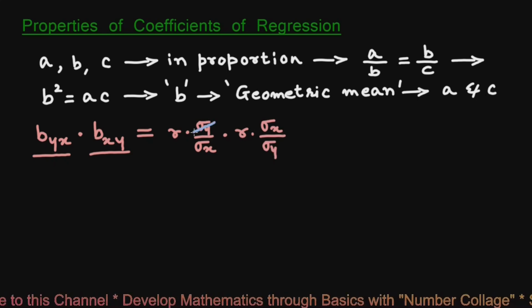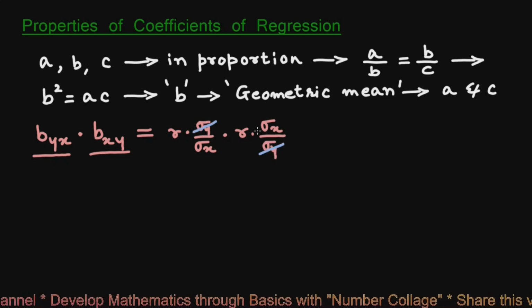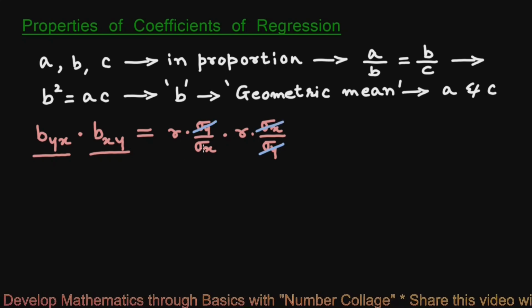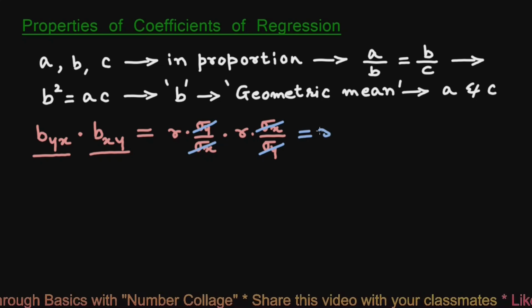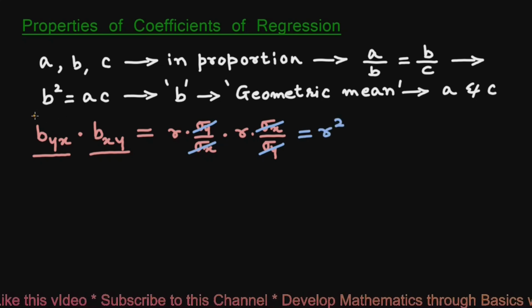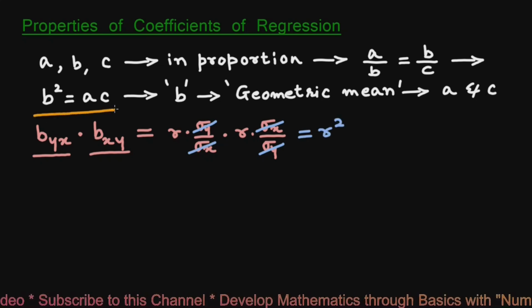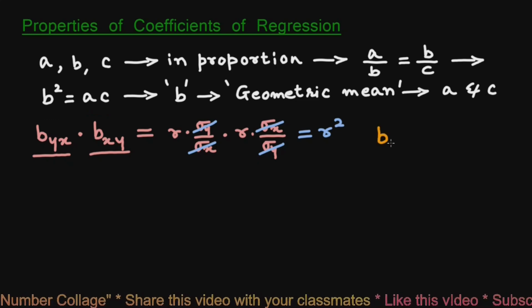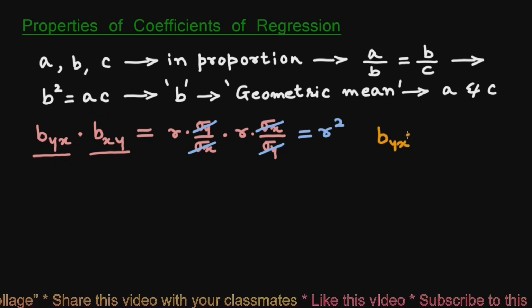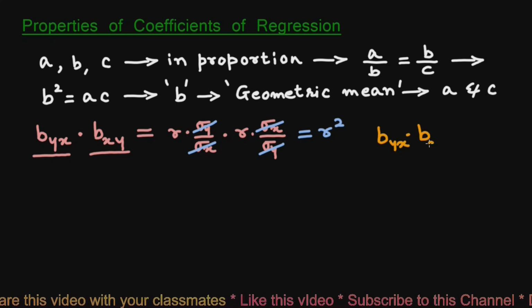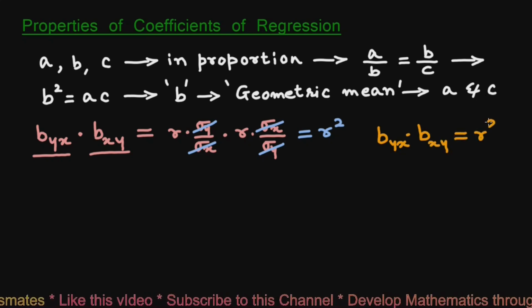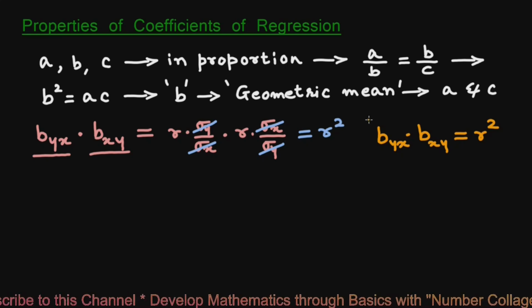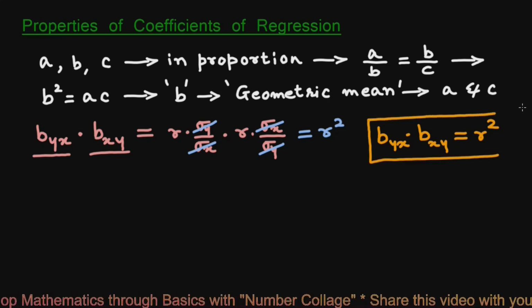Here this sigma y cancels with this one and this sigma x cancels with this sigma x, and we get r square, which is similar to b square equals ac. That is coefficient of regression y on x into coefficient of regression x on y equals square of the coefficient of correlation r. So this is our first property.